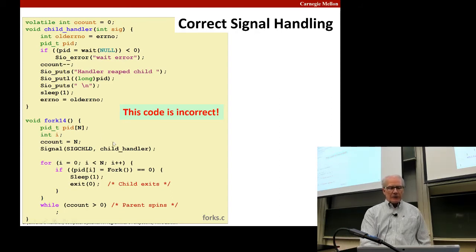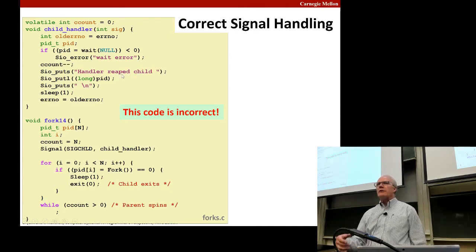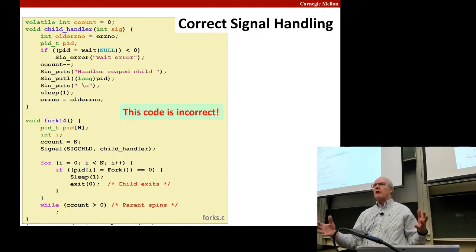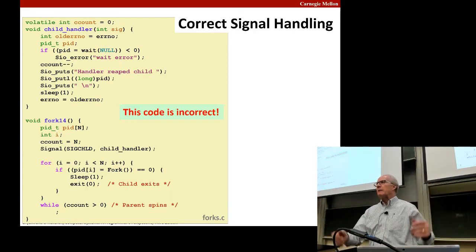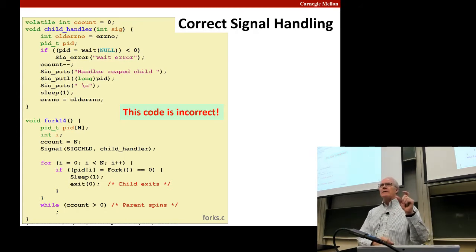And what will happen is this program will potentially hang forever, because this count will never go to 0. It only goes to 0 once per call of the child handler, but that child handler might be getting called because multiple children have exited. So it's this problem of not queuing, of just a single one.